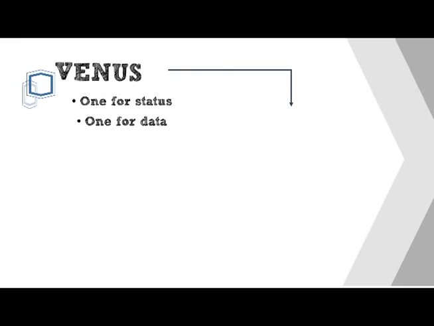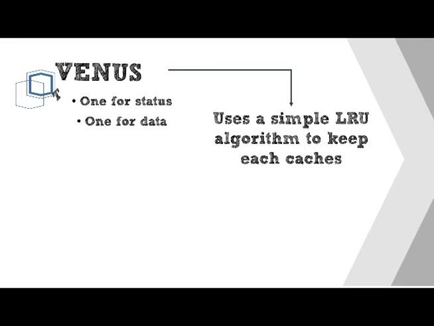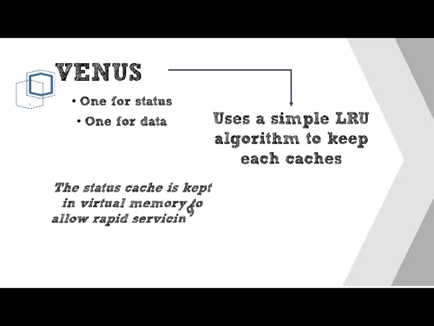It uses a simple least recently used, or LRU, algorithm to keep each cache bounded. The status cache is kept in virtual memory to allow rapid servicing of stat system calls. The data cache is resident on the local disk, but the Unix input and output buffering mechanism does some caching of the disk blocks in memory that is transparent to Venus.